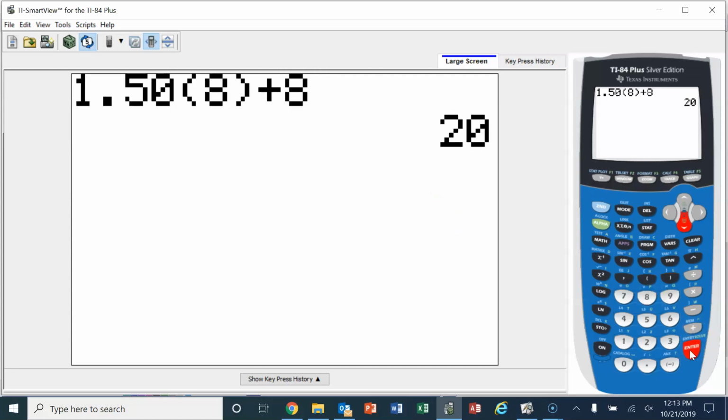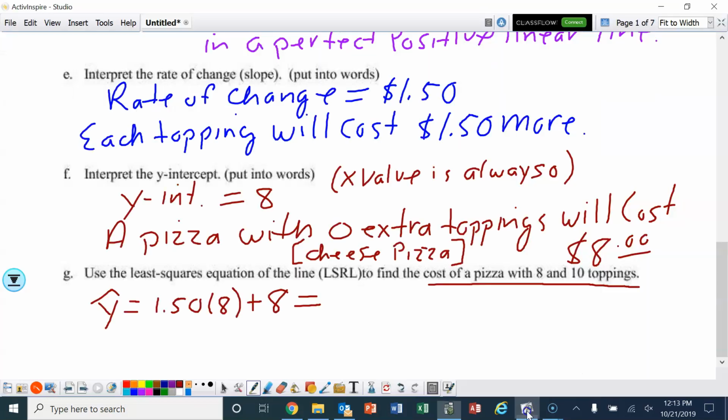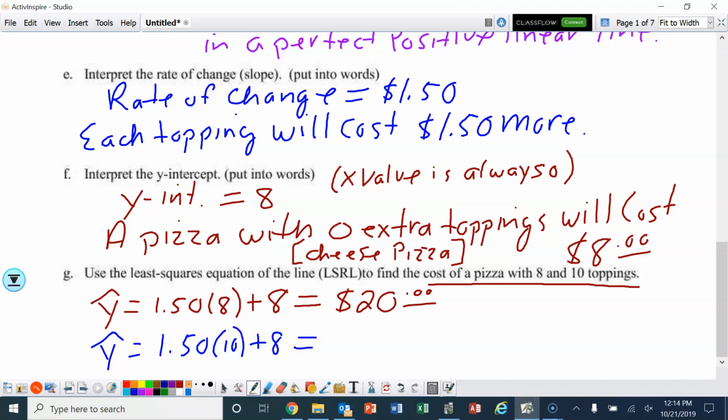So a pizza with 8 toppings is going to cost you 20 bucks. All right, and 10 toppings. Okay, type that in. You're going to get 23 bucks. All right, hopefully that was pretty straightforward.